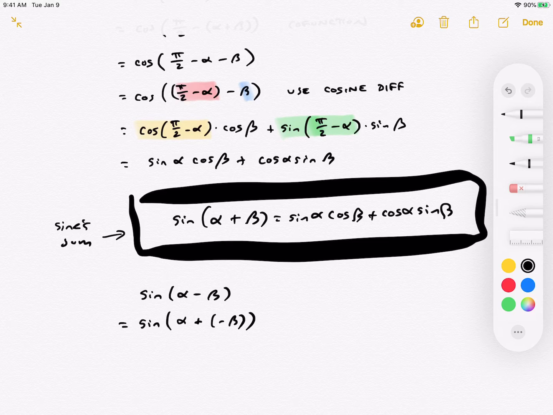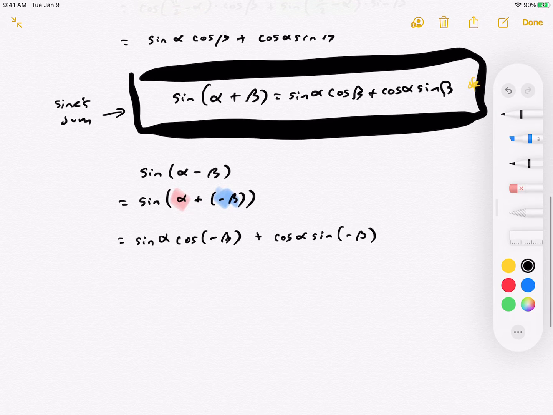Those two are clearly equivalent. So I've rewritten it as a sum, and now I'm thinking about my first angle as being alpha and my second angle as being minus beta, and I'm following the prescription outlined here for the sine sum identity. And I'll get sine of the first angle alpha multiplied by cosine of the second angle, which is minus beta, plus cosine of the first angle times sine of the second angle, which is minus beta.